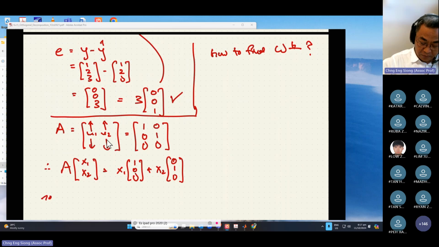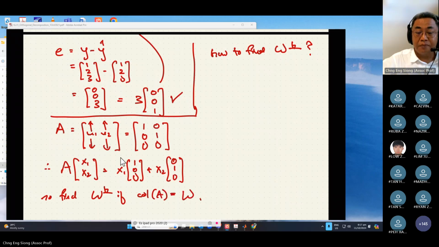So to find W perp, the column space of A is equal to the vector space W. See? u1 and u2 are sitting here. The column space of A means linear combinations of these two guys. That's what we said, right? W is spanned by these two guys. Same idea. So how to find W perp, guys?